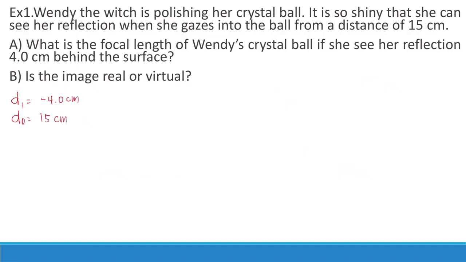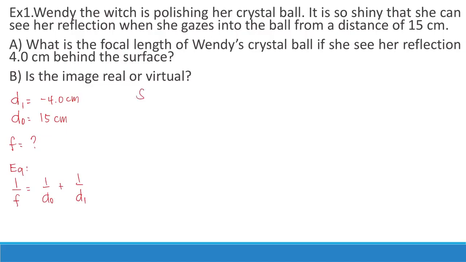Let's take note that I placed a negative on the distance of the image because it is formed behind the mirror. And then we are required to find the focal length. For our equation, we are going to use 1 over f is equal to 1 over dO plus 1 over dI.